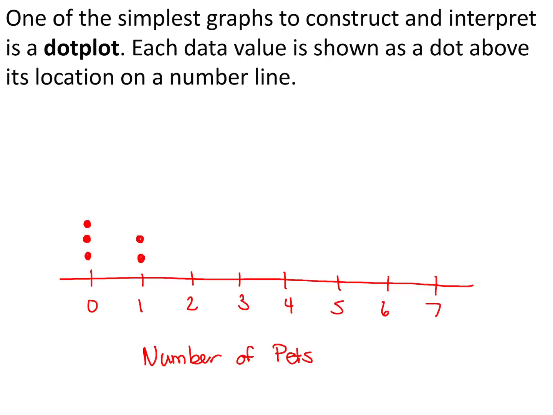We have 5 students who have 1 pet, then we would put 5 dots above 1. And we would keep doing this with all of our data values until we get a graph. These graphs are very easy to read.